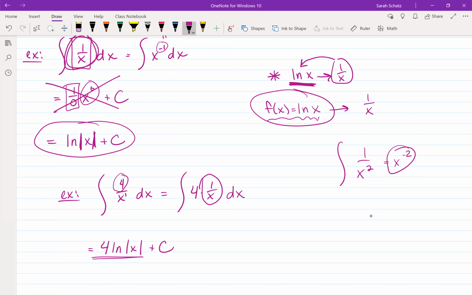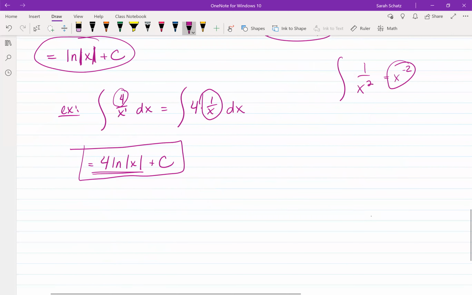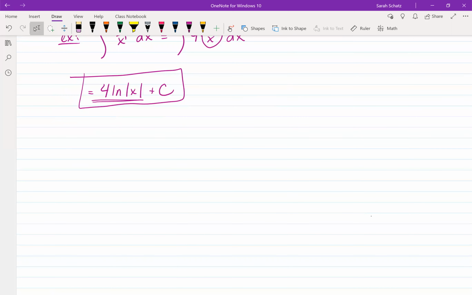You guys, it's only 1 over x to the first, or 4 over x to the first, or anything where there's an x to the first on the bottom is going to come out as a natural log. Because when we went the other direction, every time we had a natural log, we put an x to the first on the bottom.